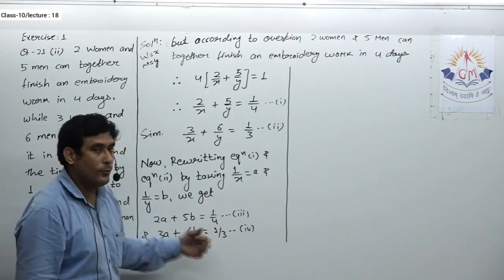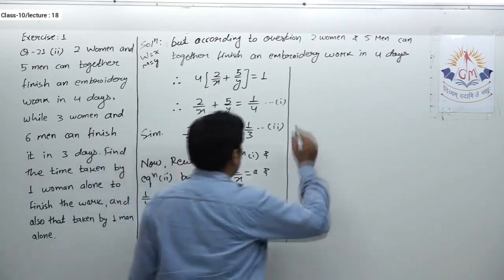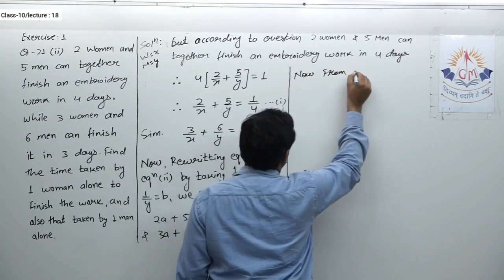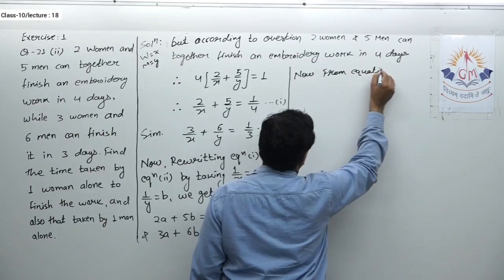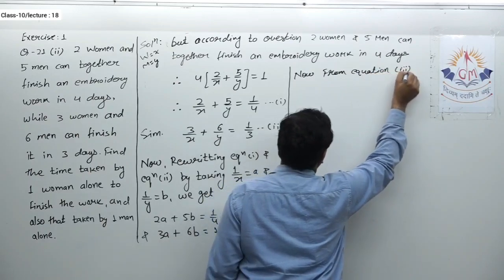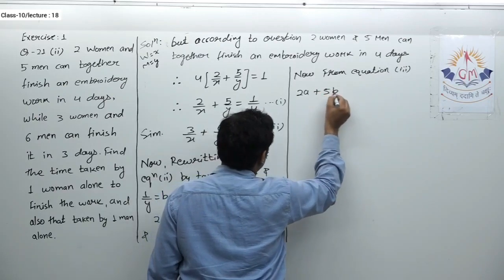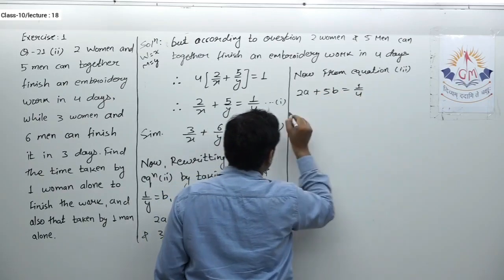So here I'm going with the substitution method. From equation 3, 2a plus 5b is equal to 1 upon 4.